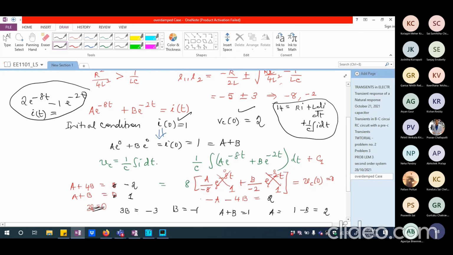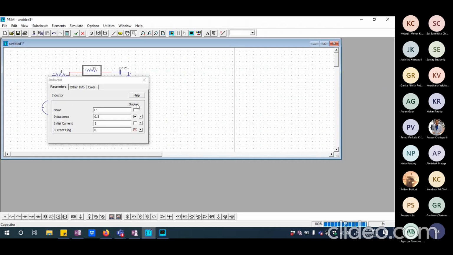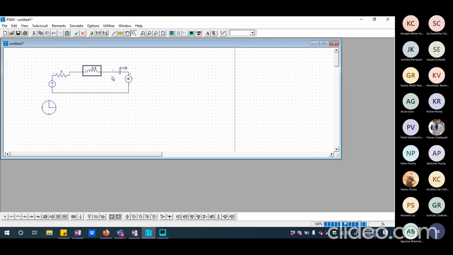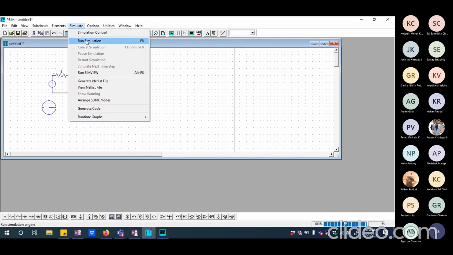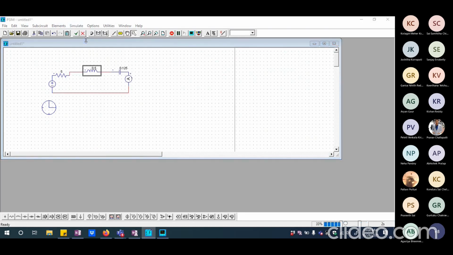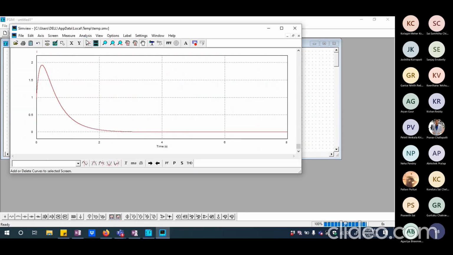In which case, maybe we will get the solution that we get here. Why is this stuck here? So if we run this, let's run the simulation. So this was with initial value of current as well as voltage, and it is coming from 1 and reaching a certain value and then coming out to be 0.